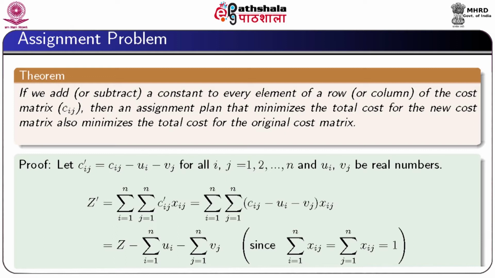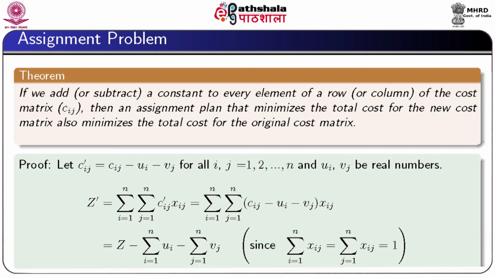Then the new objective function z dashed, which is equal to double summation Cij dashed Xij, where the summation varies over i equal to 1 up to n and j equal to 1 up to n, is equal to double summation (Cij minus ui minus vj) times Xij. Here we are just substituting Cij dashed by Cij minus ui minus vj.